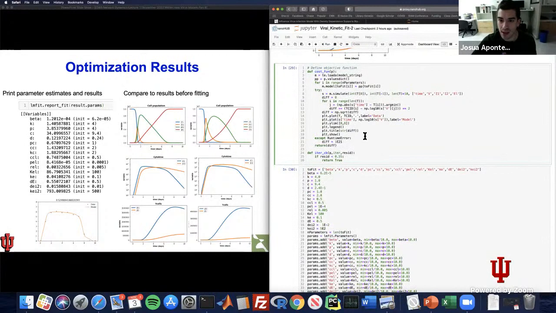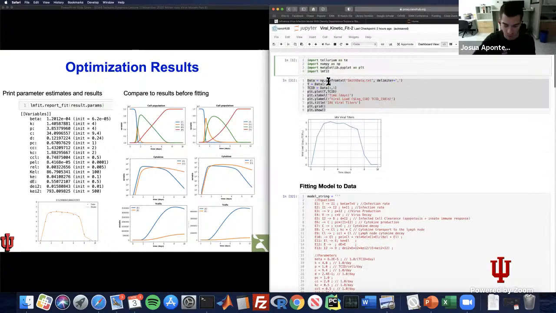So the way I do that is, here in line 10, I go over the times in the experimental data that I want to fit to the model. Let me rerun this.